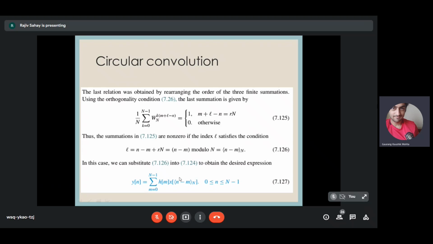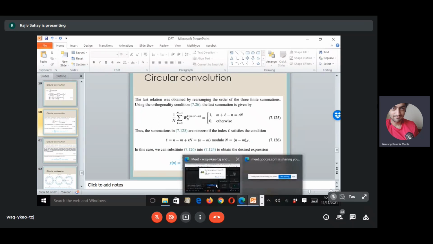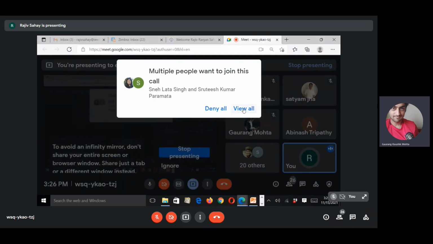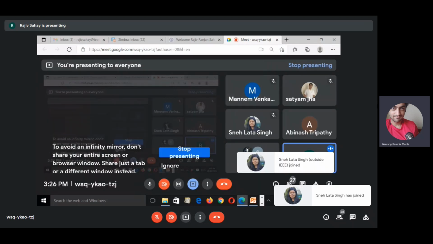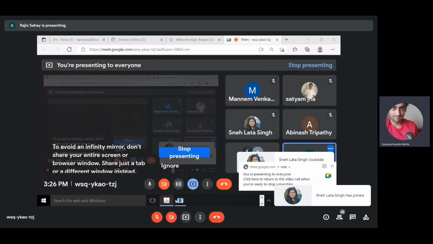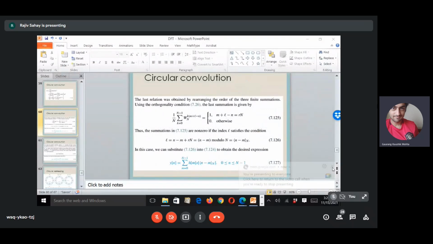To do circular convolution, we have to circularly shift the sequence. We'll see how simple it is actually. It appears a little daunting, but it's pretty simple. If you use a circular buffer, then you can do this in a very simple way. So is the last formula clear?